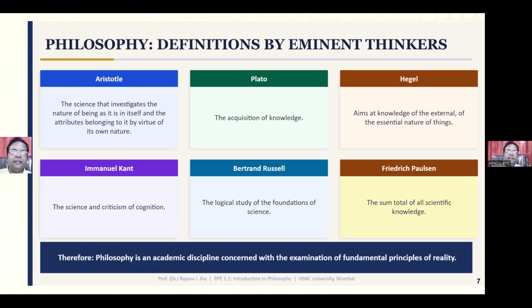Hegel aimed at the essential nature of things, not appearances, but underlying reality. Immanuel Kant brought it to cognition itself. Philosophy is the science and criticism of cognition. This is enormously important for researchers.